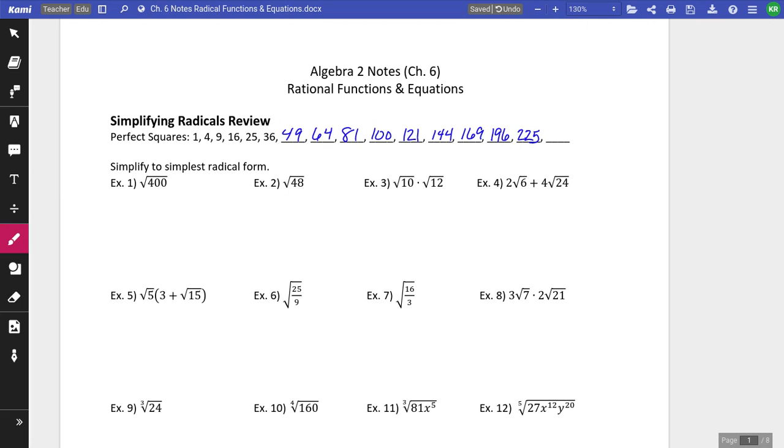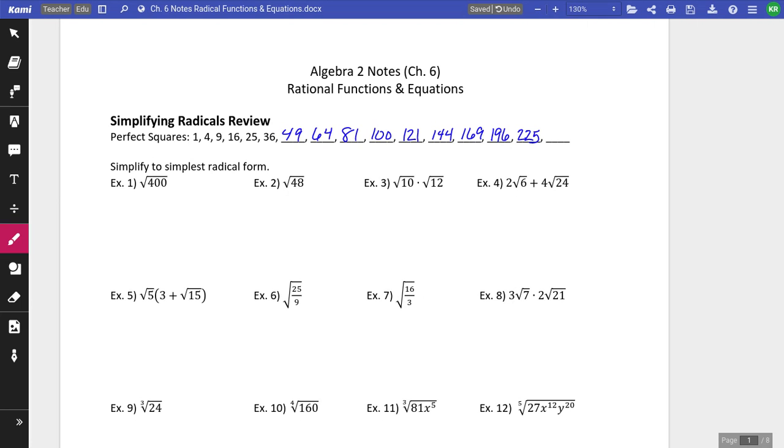Okay, so if you know other numbers that are perfect squares, that's great. You really do want to know like 1 through 169. Those should be numbers that you recognize pretty immediately that are perfect squares.